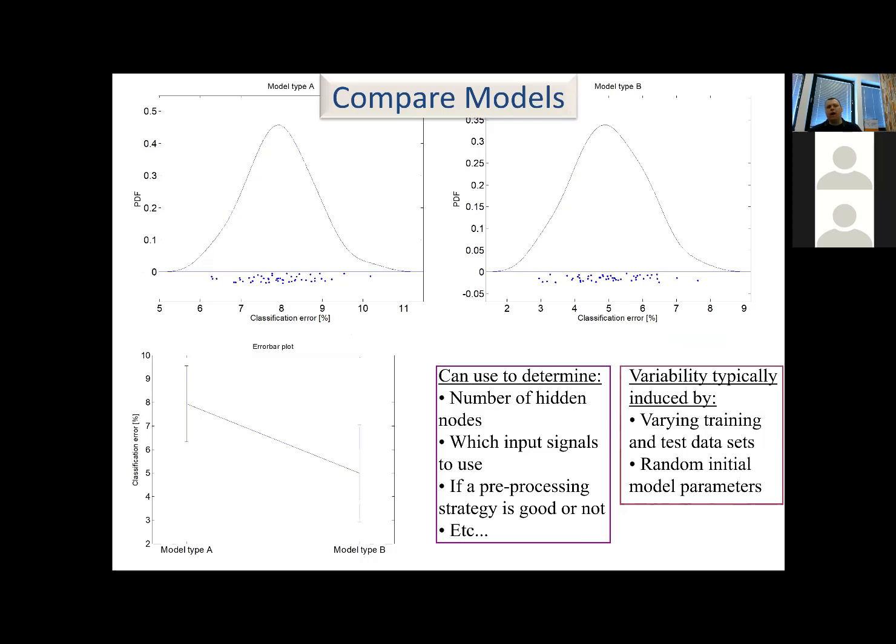So if you have two models, let's say model A and model B, you never really know the actual expected classification error that those models will make.